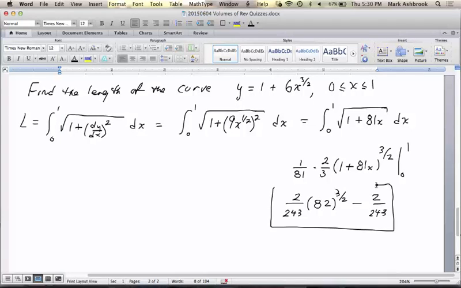Did I do the math right? Yep. I plugged 1 in, I get 81, so that's 82 to the 3 halves, and I plug 0 in, I just get 1, and so it's 2 over 243. That's it. So what is that? That's the length of the curve of this function. It's the length of that function starting at x equals 0, ending at 1. That's how long it is, exactly.